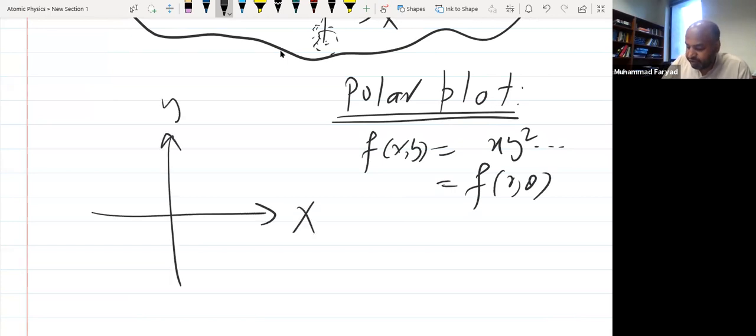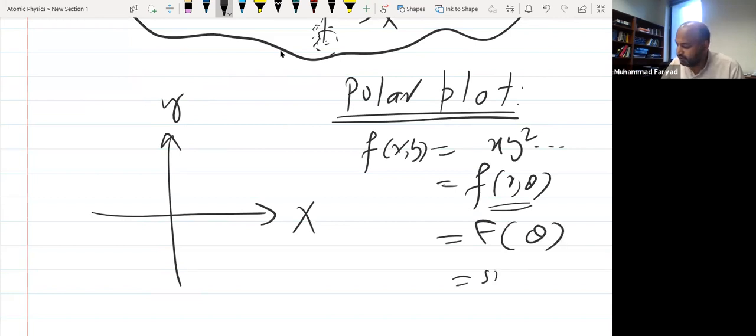Let's say I'm only talking about the 2D plane right now, and then you plot it for a fixed value of r. When r is fixed, this becomes some function of theta only. Suppose it is sine square theta, cos theta, something like this.